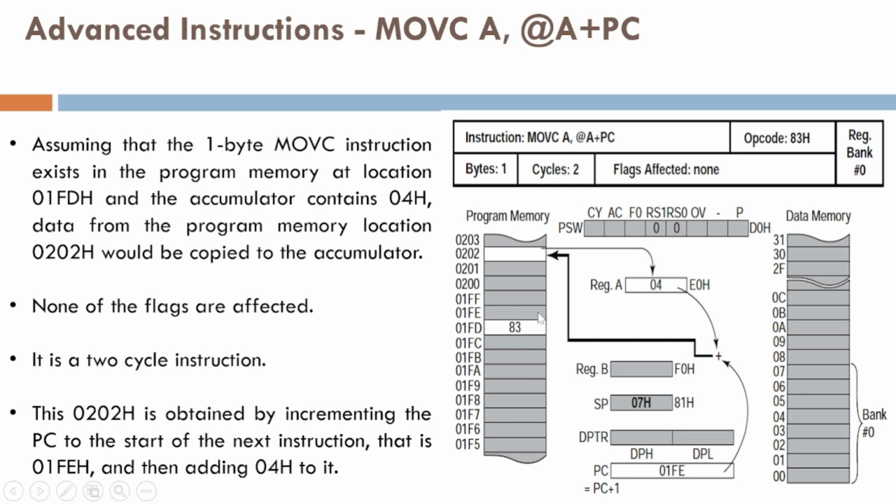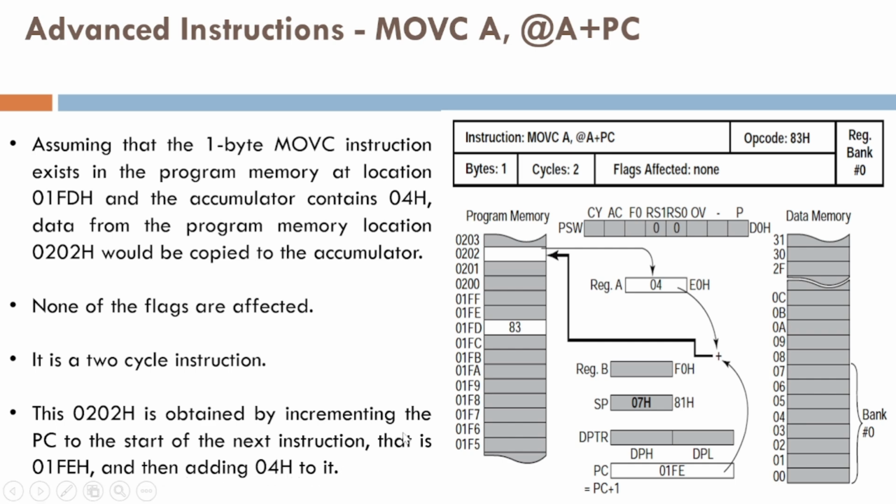So once it gets added with 4, 1, 2, 3, and 4, the present location will be 0202, and then that particular content will be transferred to the accumulator, and the initial content of the accumulator will get destroyed. It is evident from this particular sentence that this 0202 hex is obtained by incrementing the program counter to the start of the next instruction, that is 01FE, and then adding 04 to it.